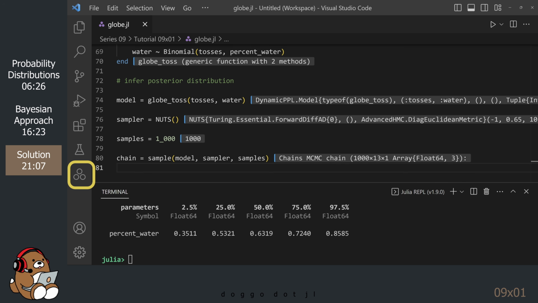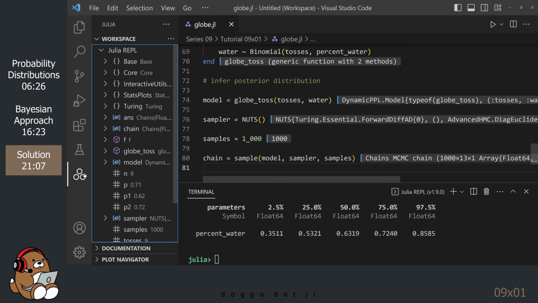In VS Code, if you'd like to see the details behind the summary statistics, you can click on the Julia logo icon along the left-hand side. In the Workspace panel, look for the variable named chain. If you hover your mouse over chain, you should see a data table icon appear on the right-hand side of that line.